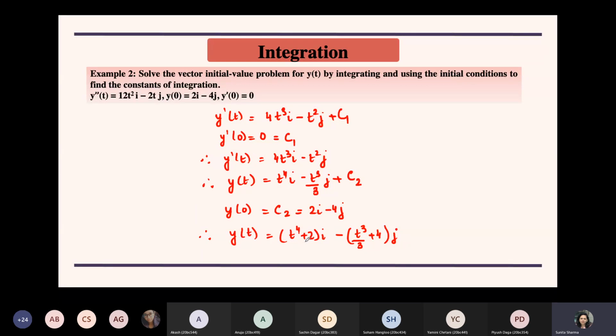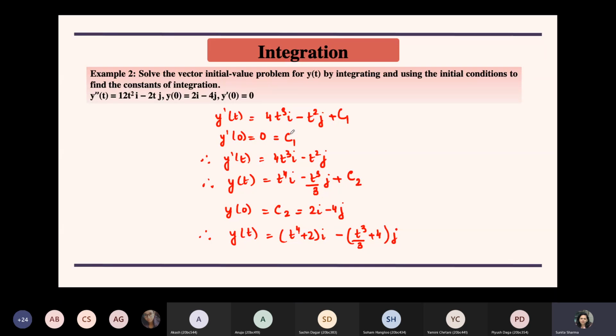So this is how you would be solving these questions, where if you have the second derivative and you have to find the expression yt or whatever variable is being given here, then you have to integrate it twice, and every time when you integrate, you are going to get a constant of integration because it is an indefinite integral.